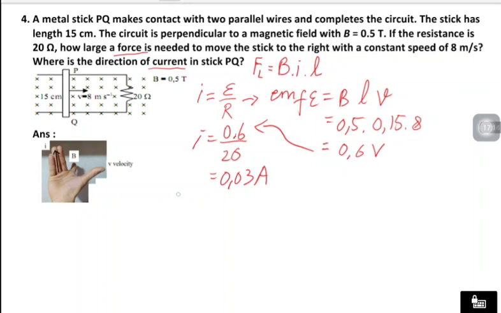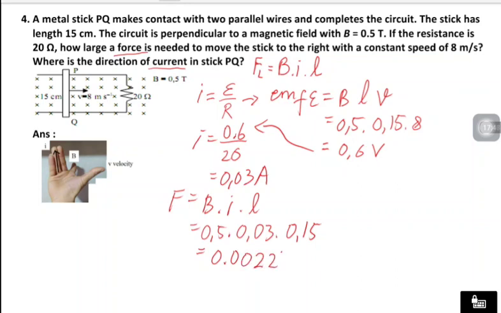Then we find the Lorentz force F, B times I times L. We got the value B 0.5 times I 0.03 times L is 0.15. So we got the value of force is 0.00225 Newton. Okay, we got the force already.